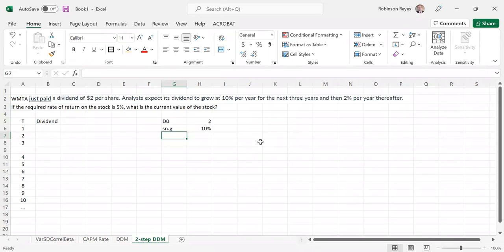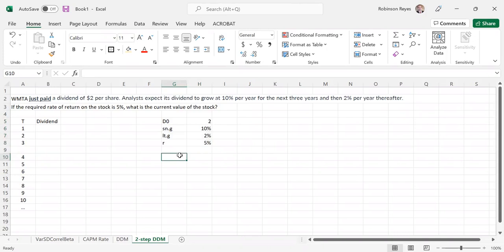We need that rate when we are working in valuation. So this is going to be the long-term growth rate, and it's 2%. And then the required rate of return, which is 5%. This rate is usually the one that we calculate using the capital asset pricing model.